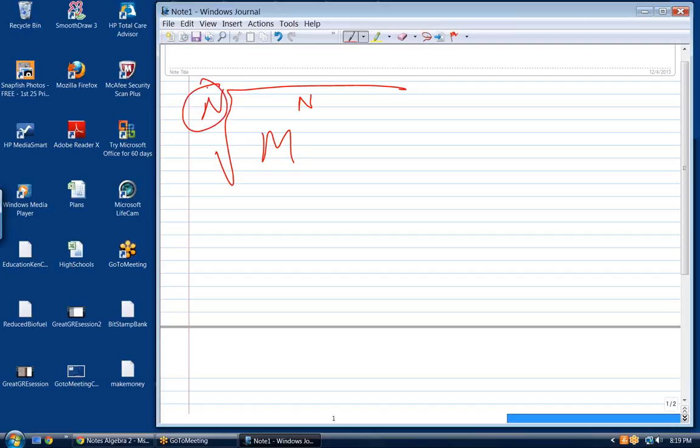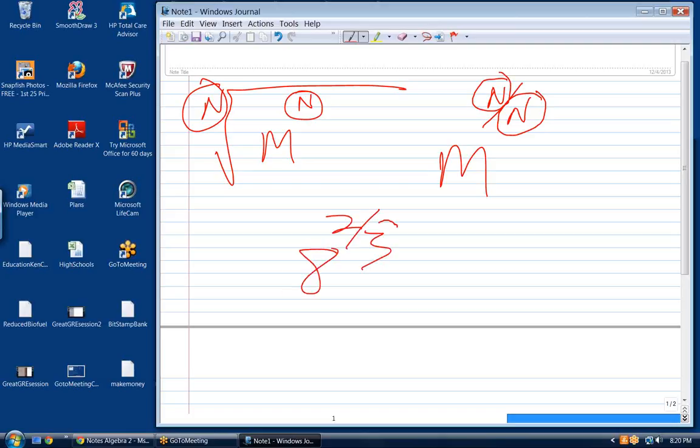When you take the nth root of m to the n, that's the same as writing it like this. Because this is the root, and this is what you're doing to it, exponentially. So when I wrote 8 to the 2/3, I was taking the cube root and squaring 8. So when this letter matches the root, it's always 1.